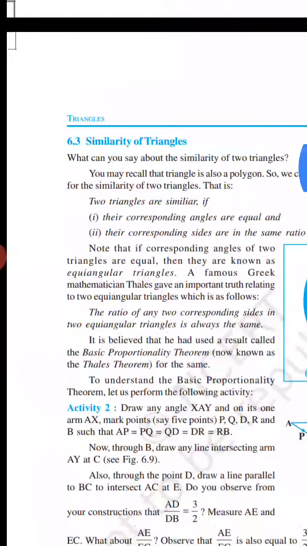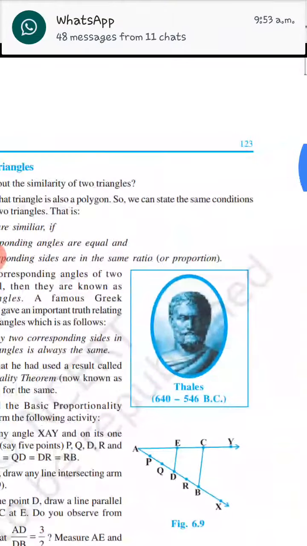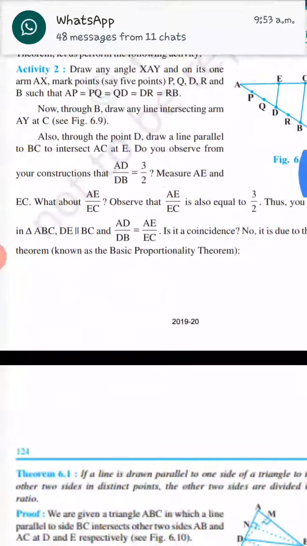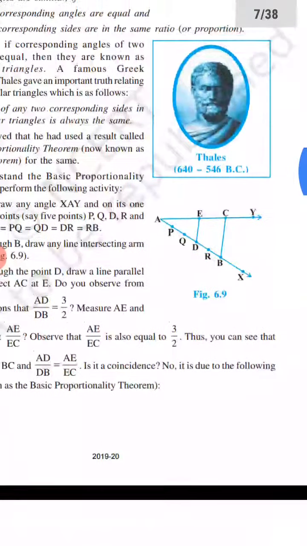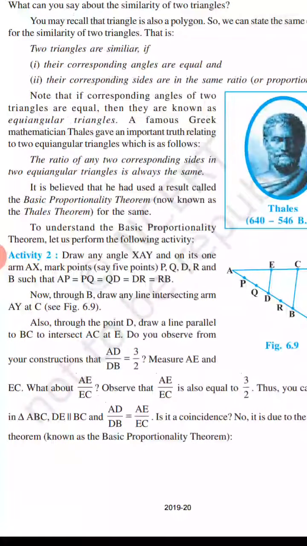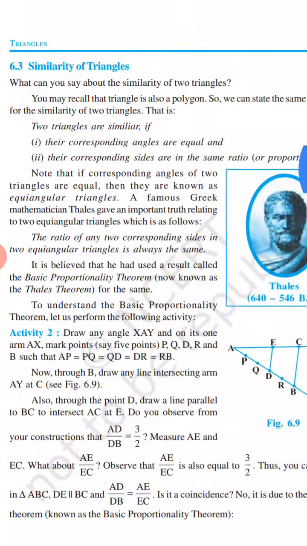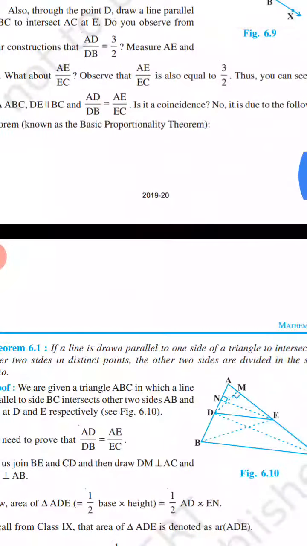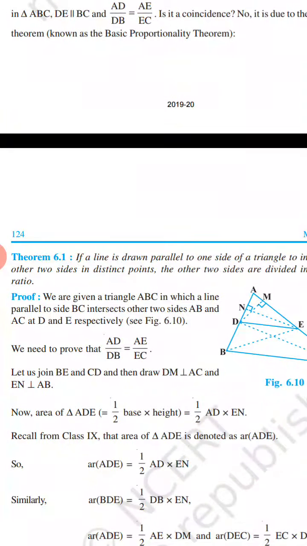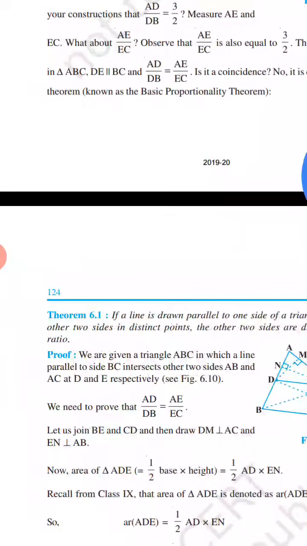Now, for two triangles to be similar, the conditions are that the corresponding angles are equal and their corresponding sides are proportional. That is, the ratio of the corresponding sides is the same. Now one theorem is there.